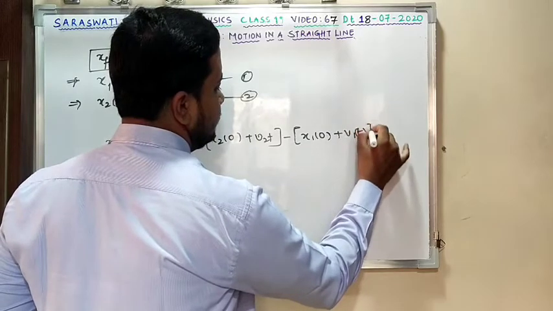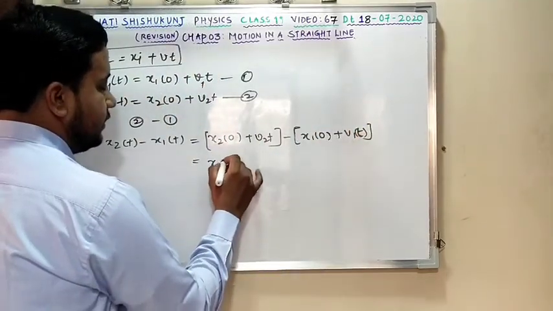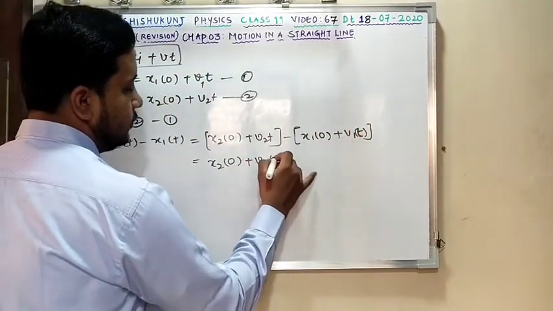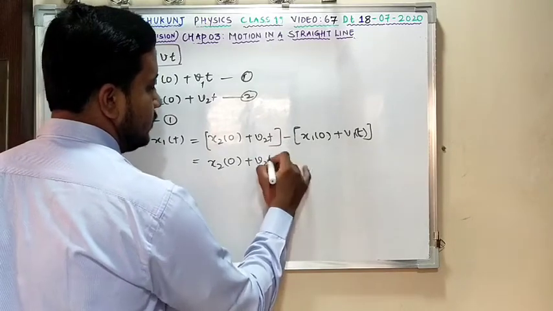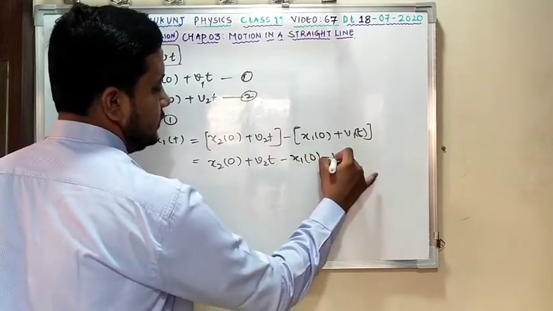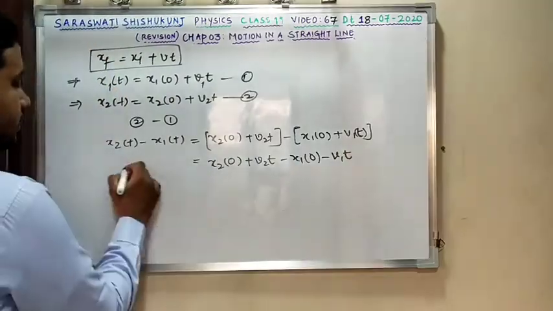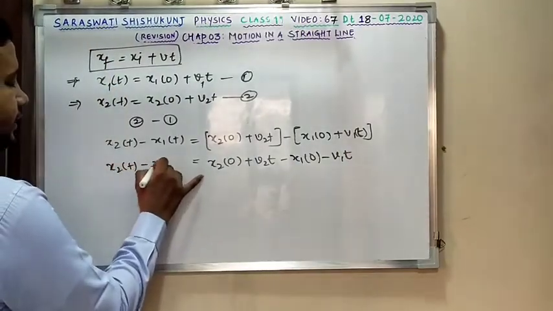Till this clear? If I open it, what will I get? x20 plus v2t minus x10 minus v1t. Till this clear?